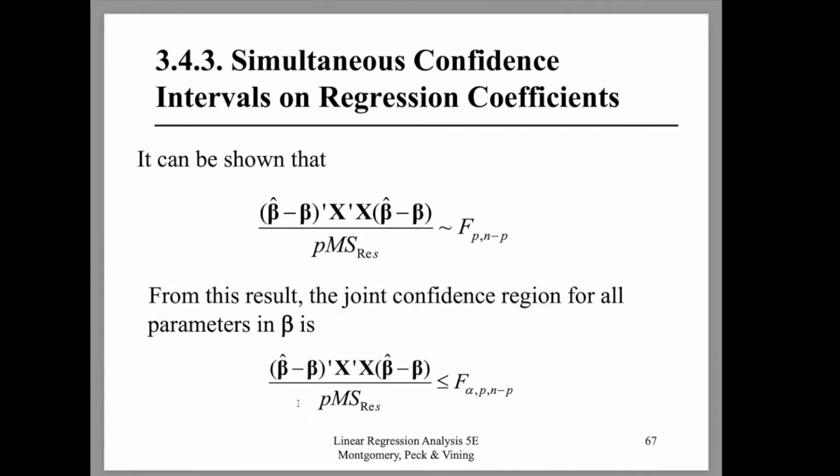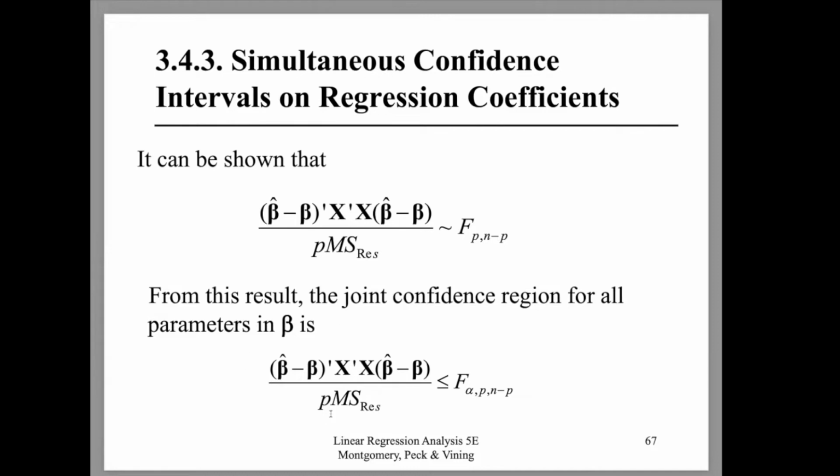So all points in the parameter space for which this quadratic form, it's actually a ratio of variance estimators, this ratio is less than or equal to the upper alpha percentage point of the F distribution, with P numerator degrees of freedom and N minus P denominator degrees of freedom.